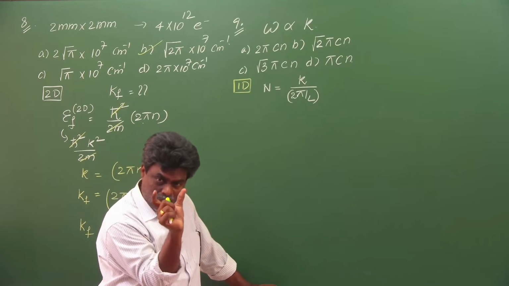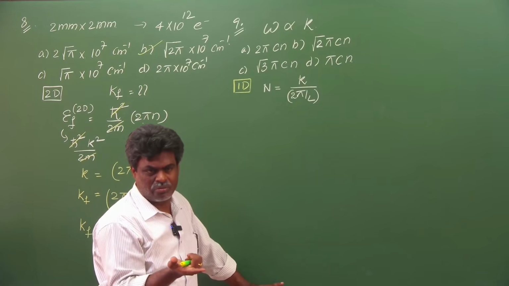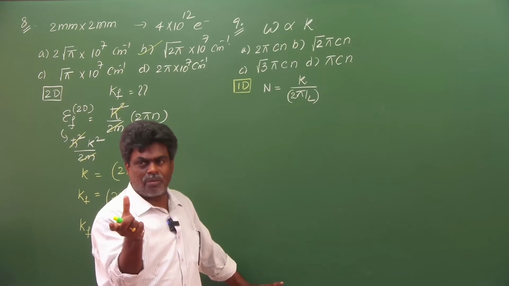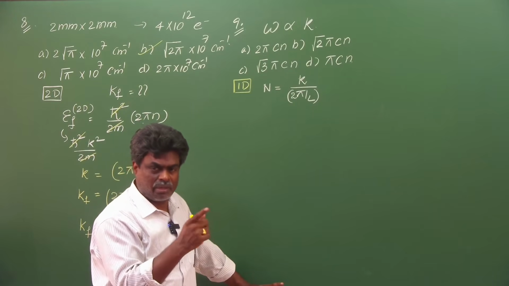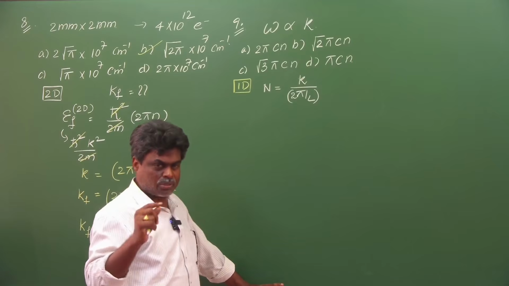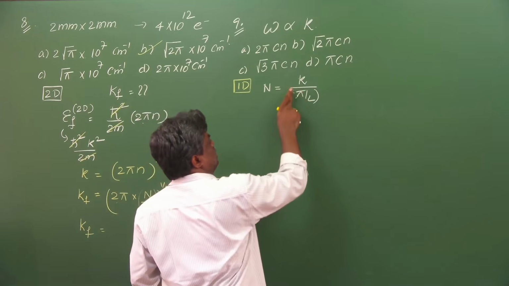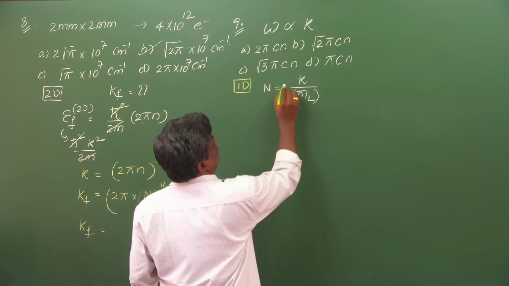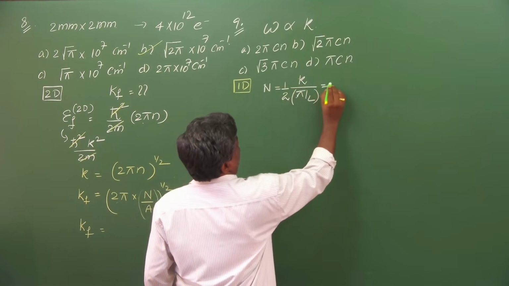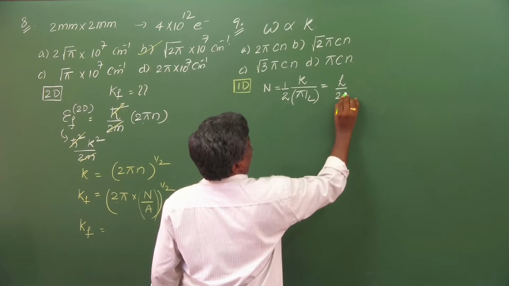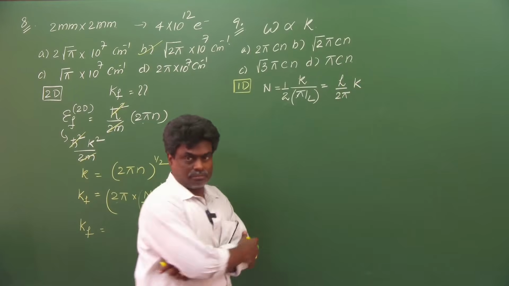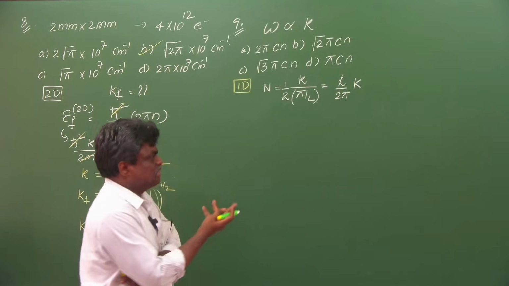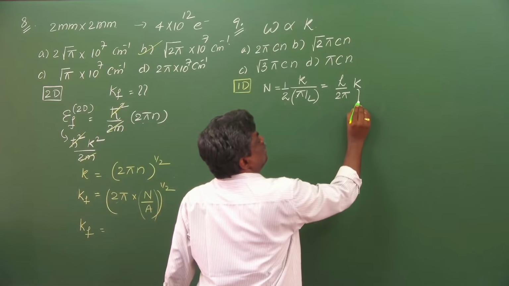If you take the Brillouin zone length, no need to write the 1 by 2 separately. But if you are seeing SSP books, there will be a 1 by 2. This is L by 2 pi, the same as whatever derivation we have done, but we should replace this one.